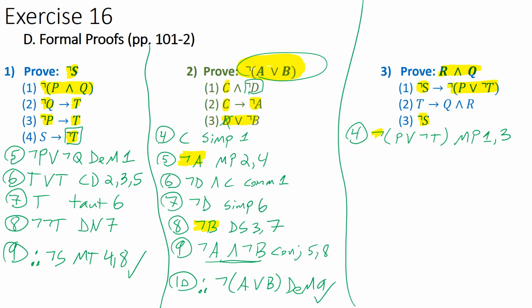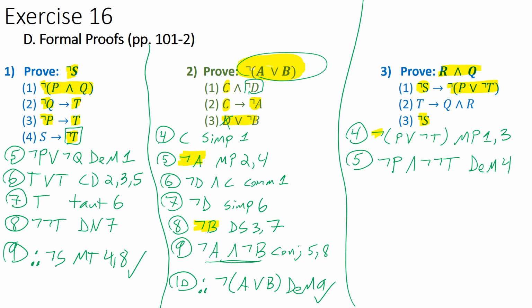Okay, right now we can't use this for anything, so if we have a conjunction, then that's going to help a lot. So for line 5, we can say not P and not T, De Morgan 4.